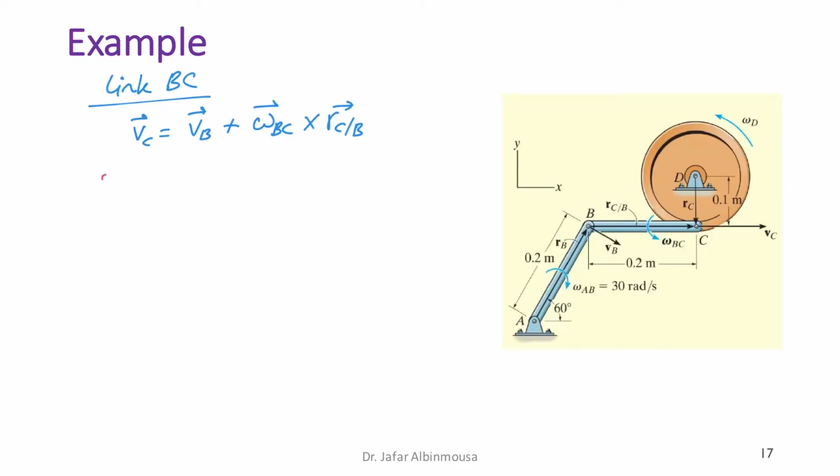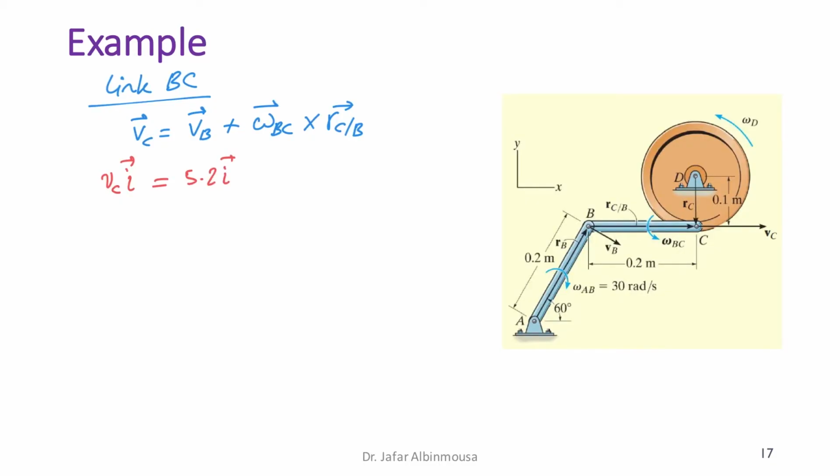So we can say that VC as a magnitude is just unknown, but knowing the direction is very important information. So we know that the direction is I. And then we have the velocity of B, which we just calculated from the previous slide.